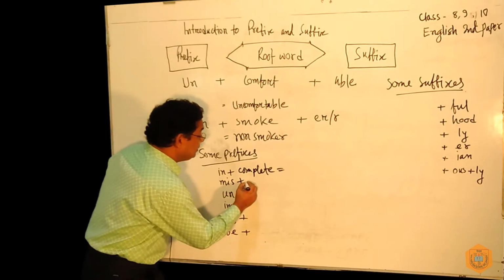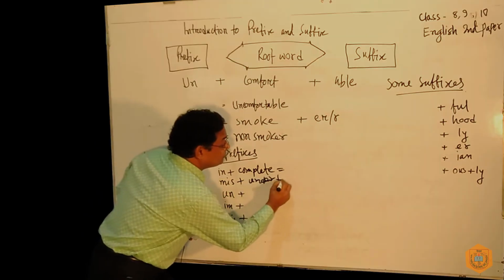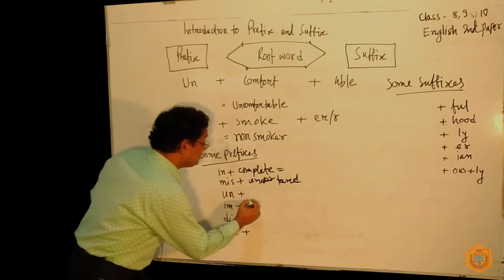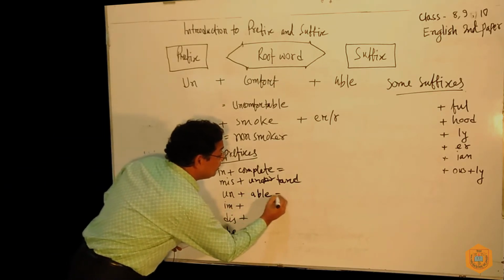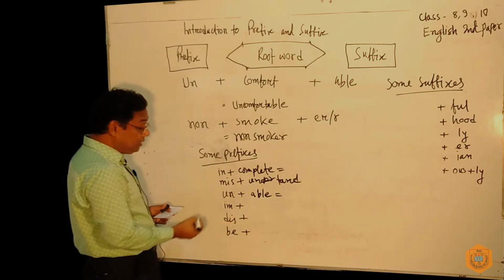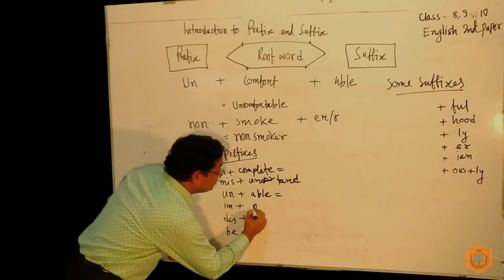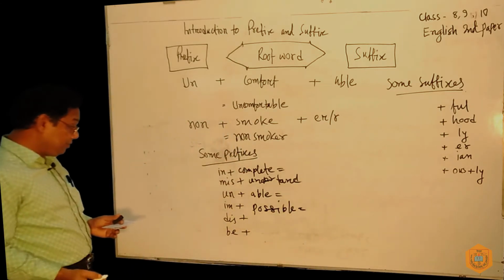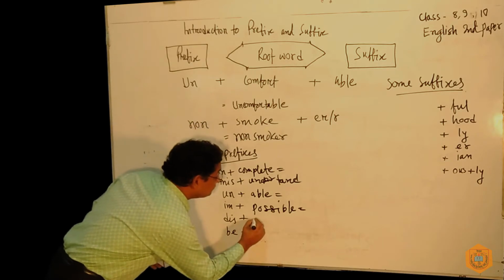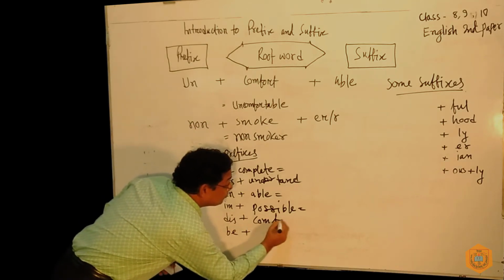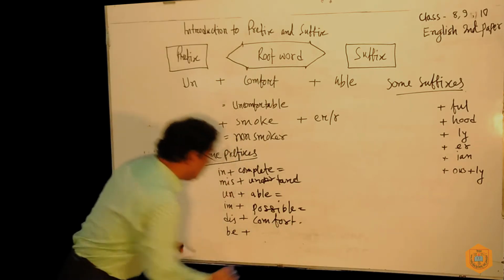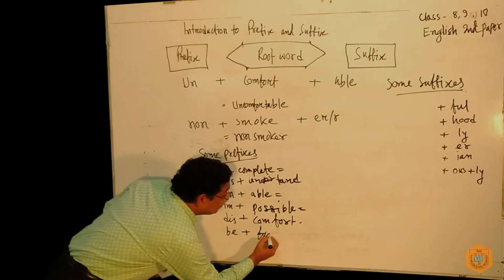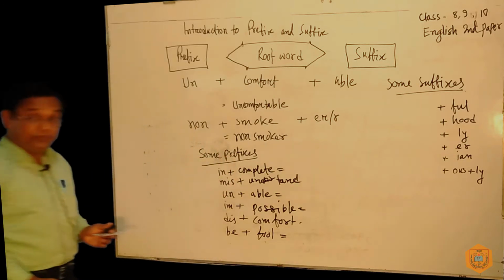Mis plus understand, misunderstand. Un plus able, unable. In plus possible, we can say impossible. Dis plus comfort, we can say discomfort. Be plus full, now we can say be full.